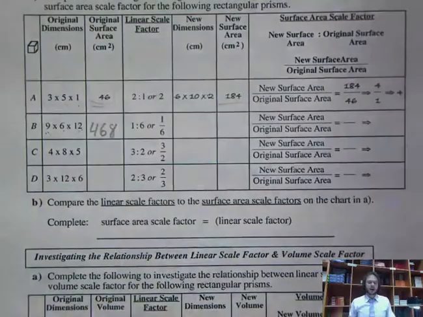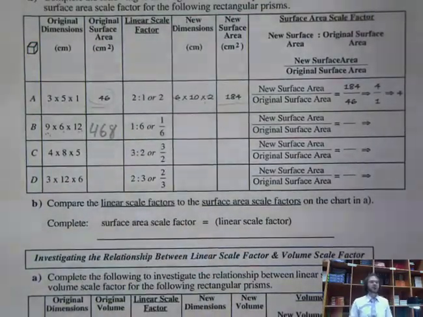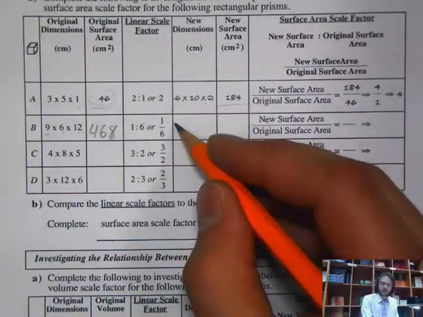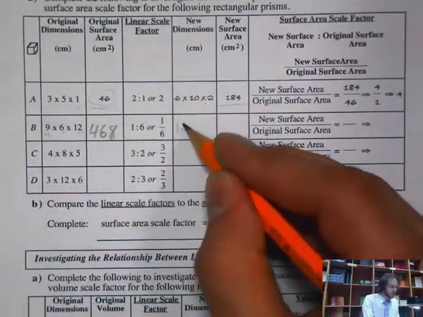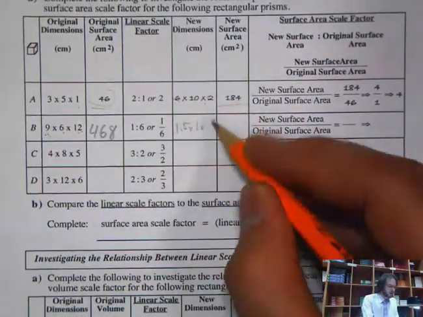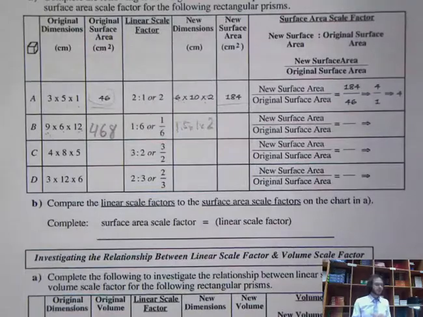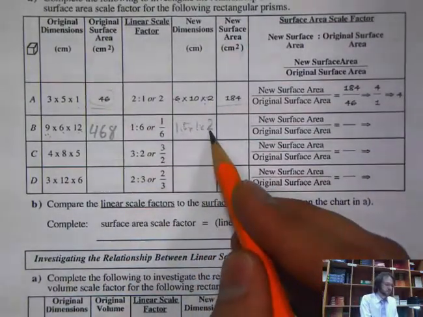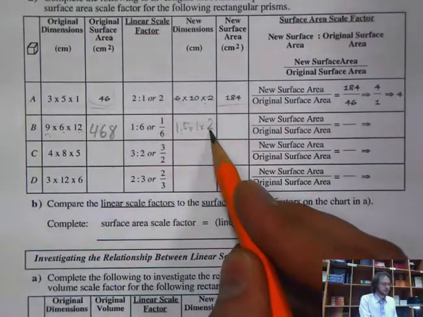Now, I want a linear scale factor of 1/6. So my dimensions all change. If we're looking at 1/6, I'm going to have 1.5 by 1 by 2. Now this would be 1.5 times 2, 1.5 times 2, which is 3 times 2 is 6.